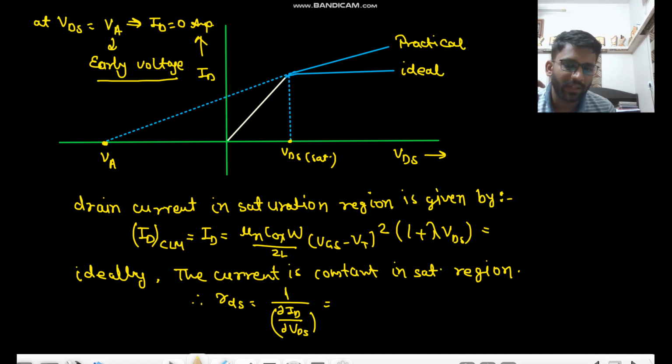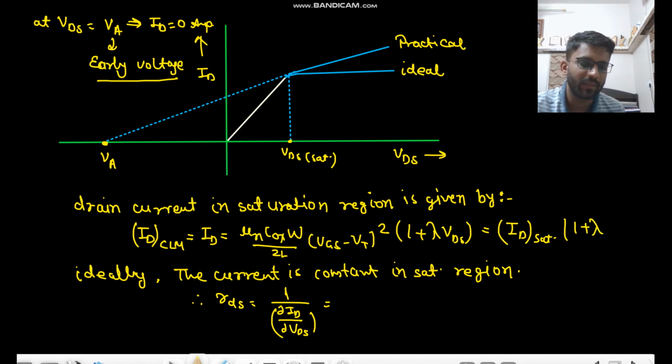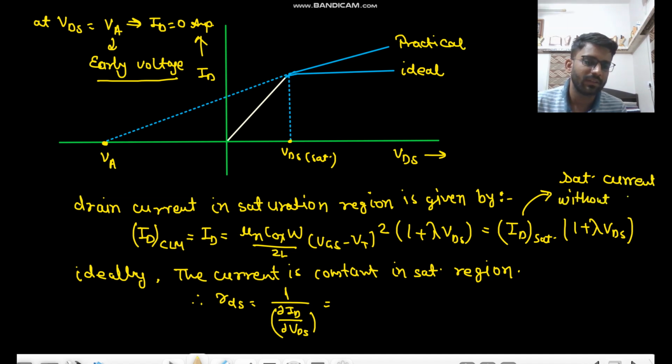So this complete part is the same, so I can write ID sat times (1 plus lambda VDS). What is ID sat here? The saturation current without channel length modulation. Okay, so the drain current in saturation region will change.